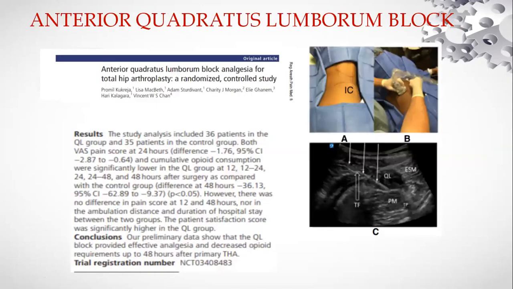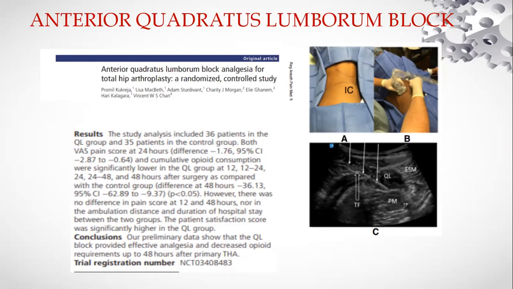The other block that has also been described, and on which certain studies have taken place, is the anterior quadratus lumborum block. As I had highlighted during the anatomy of the hip joint, the innervation studies found that the femoral nerve as well as the accessory obturator nerve were leaving at the level of L4, L5, and were deep to the psoas muscle.